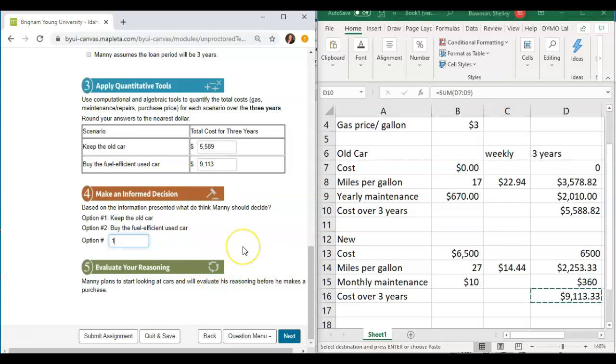And the last, evaluate your reasoning. Manny plans to start looking at cars and will evaluate his reasoning before he makes any purchases. So another option he could do is find another newer car that would maybe cost less and maybe bring this down so it would make it a better fuel efficient car, or better efficiency for his entire budget.